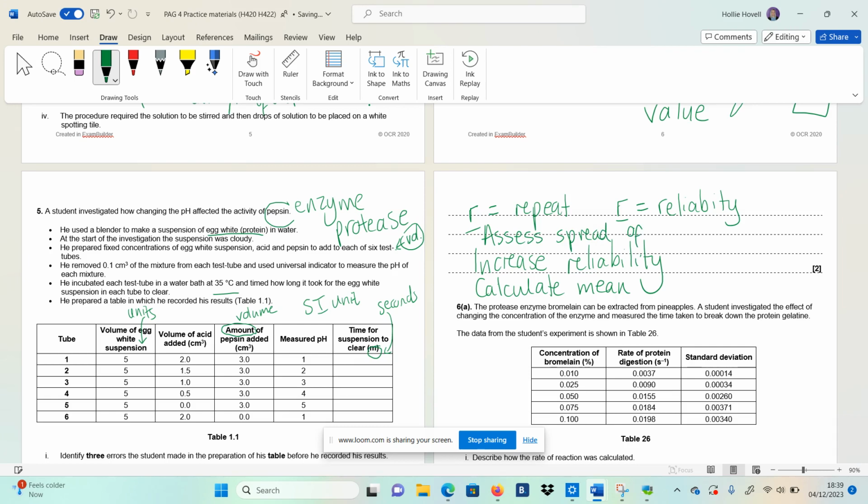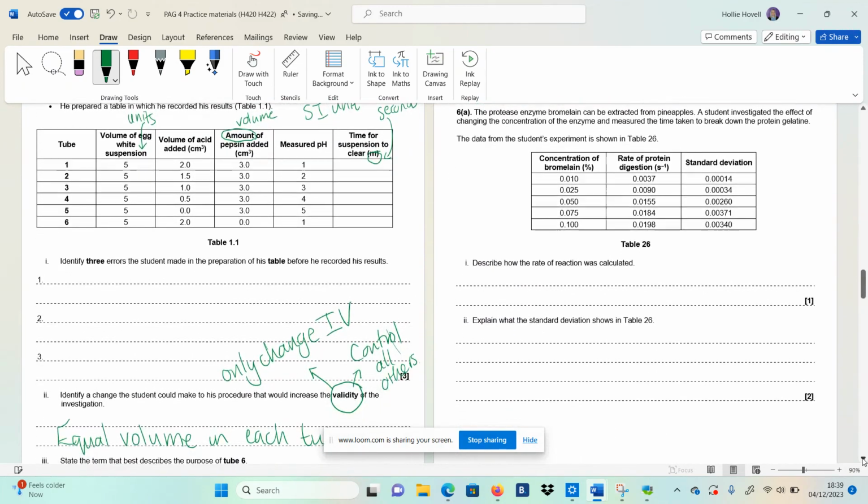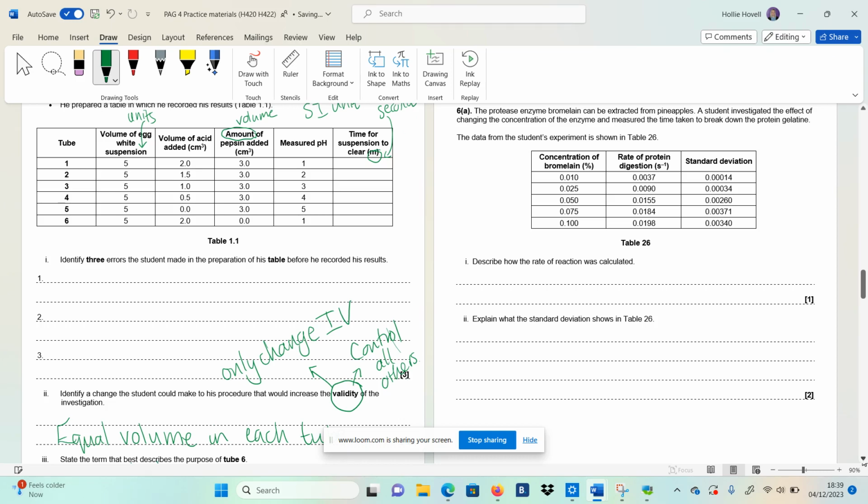Because if your results are spread, then we've got to try and work out which results are right and which ones are wrong if they're too spread out. So we probably need to do more repeats. If you got 4, 5, 6, and repeated it again and got 6, 6, 6, then maybe the 4 is not very good. So the more we repeat, the more we realise which results are right and which ones are more likely to be mistakes.